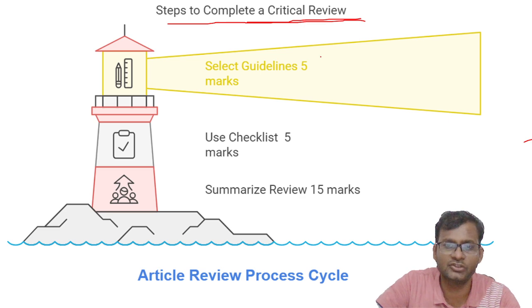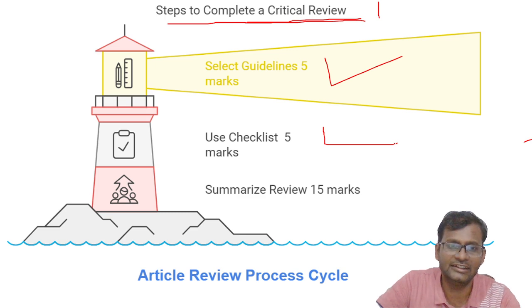How to evaluate that critical review? The marks are distributed. We have to give particular guidelines for selecting the research paper. If the PG scholar selected the paper according to those guidelines, that is, selection of paper is correct, then you have to allot 5 marks. Then reviewing the paper according to checklists, that is 5 marks.